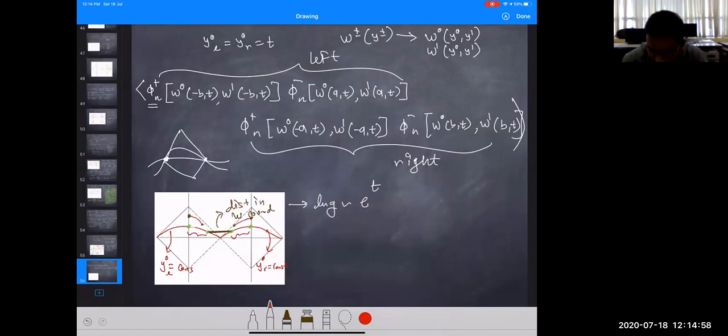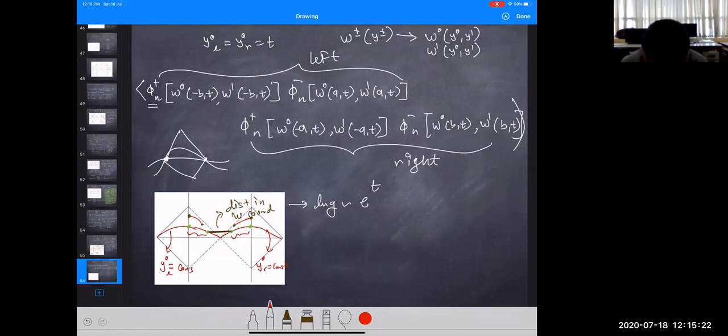The two slices I've drawn are related by a boost symmetry in the W coordinates, because time translation in the Rindler coordinate is really a boost in the W coordinates. Hence the distance between the pairs in the W coordinates remains the same.